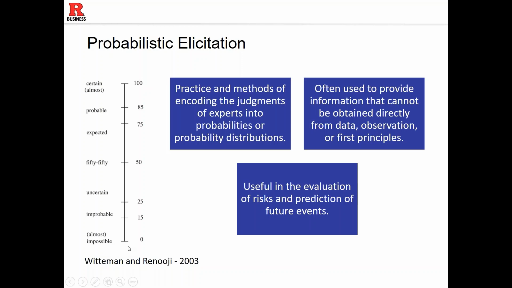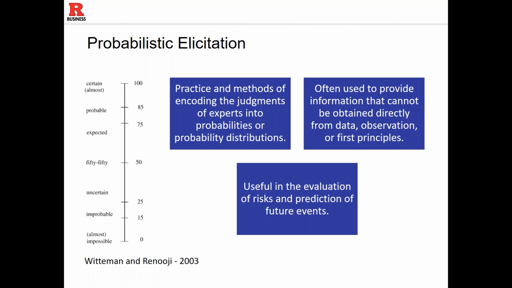On a scale from 0 to 100, in percentages, along the left-hand side of this axis, these probabilities correspond to a verbal connotation. If I say, for instance, something is expected, that correlates to a probability of 50 to 75%.